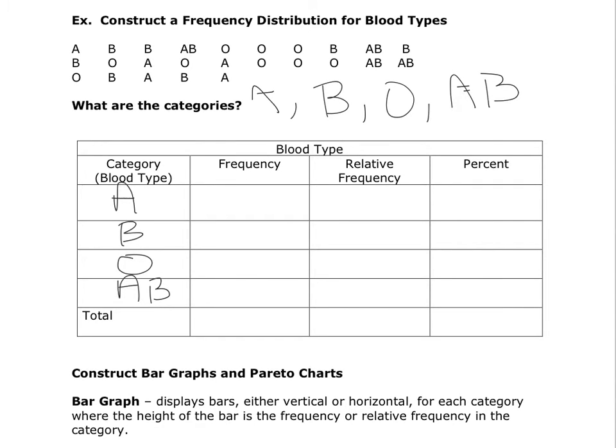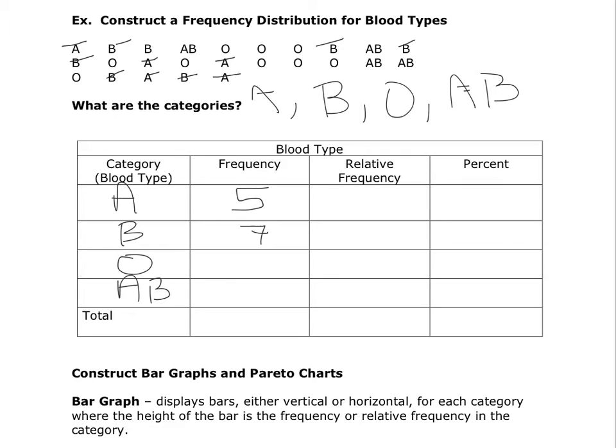Okay, so to get my frequency, I am then going to count my number of A's. So I'm going to cross them off as I go. So 1, 2, 3, 4, 5 is my frequency. I'm going to count my B's. 1, 2, 3, 4, 5, 6, 7.